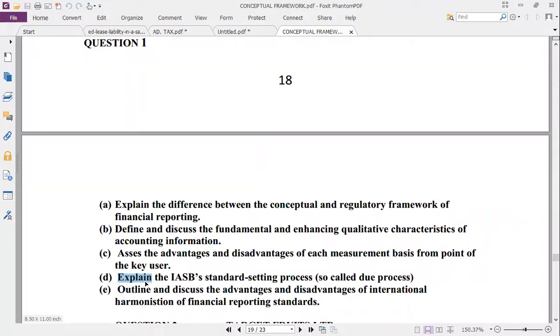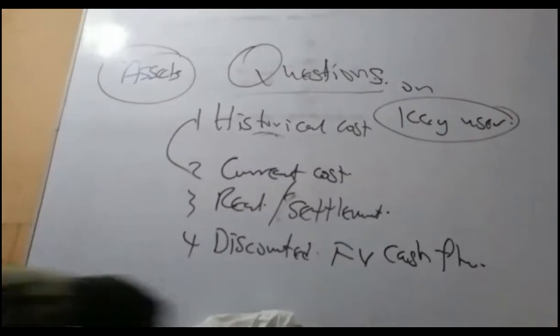good. So we said that the first stage is what? Agenda consultation and plan of work, discussion paper, exposure draft, new IFRS is issued, revision of IFRS. Sorry, let me jot it down.